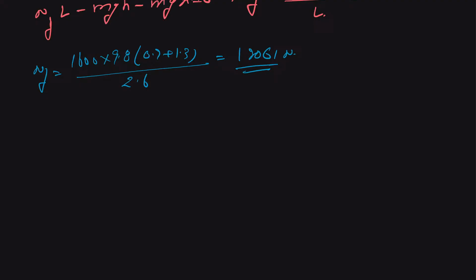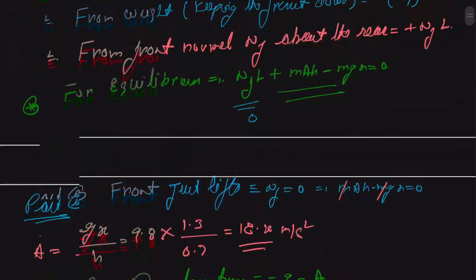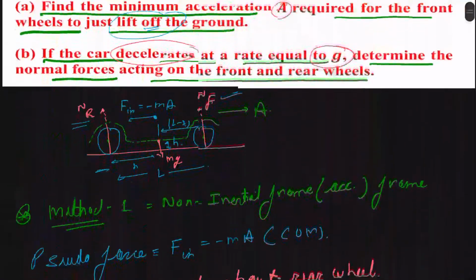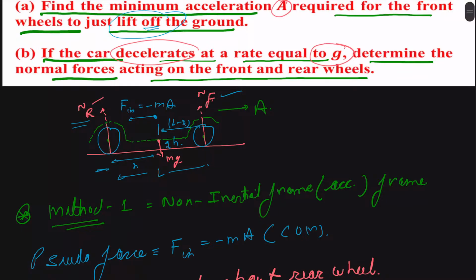And for our rear wheel, we can just say that taking the forces in the vertical direction, so we have two forces in the upward direction. One is the normal at the rear wheel, and the front wheel, in the downward direction we have our mg, and everything is in equilibrium. Okay, so if it is in equilibrium, their summation should be equal to 0.